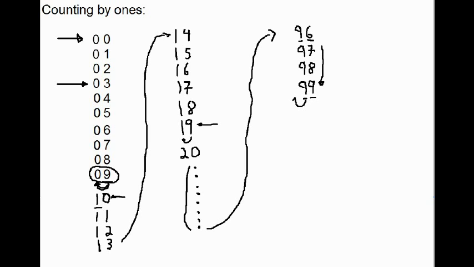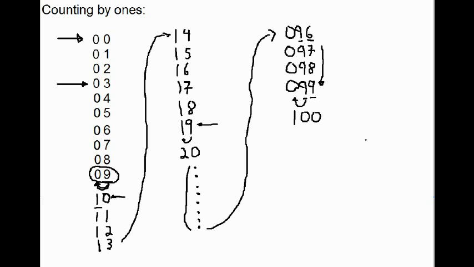Well, what value is there right now? There's nothing there right now. So again, we could put zeros in that place if we want to. It doesn't change the value of this at all. And since we've run out of symbols to use, we have to continue working our way to the left, and after our 0 comes 1. And in the next places, we start all over again with our zeros.